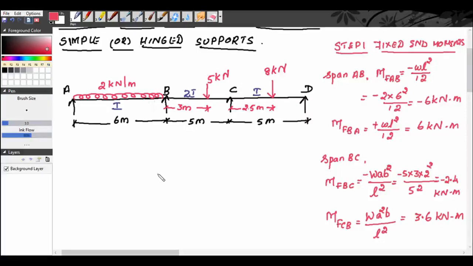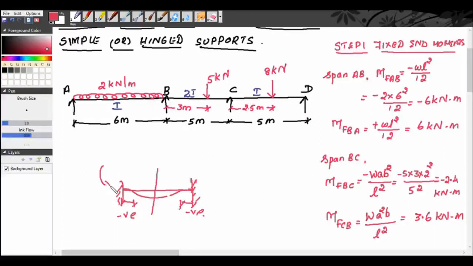See, I have already told you why, when we take fixed end moments for a span, it is negative at the left and positive at the right. Because near the supports, when we are assuming our supports as fixed supports, we will have negative bending moment. That means near the support we will have hogging.